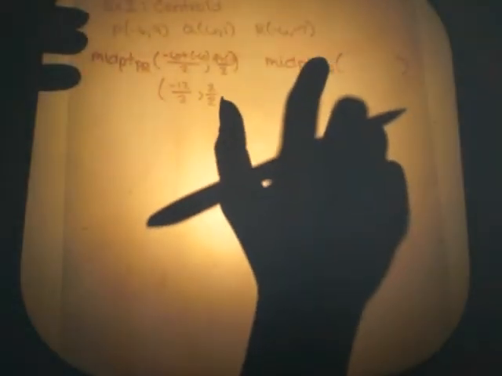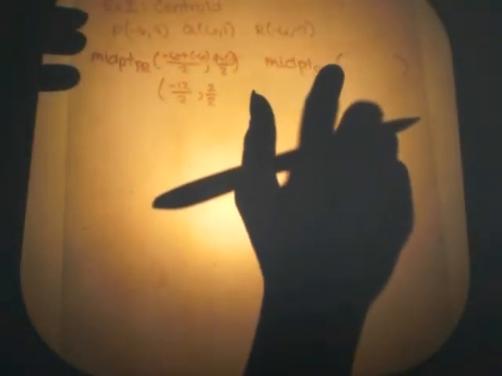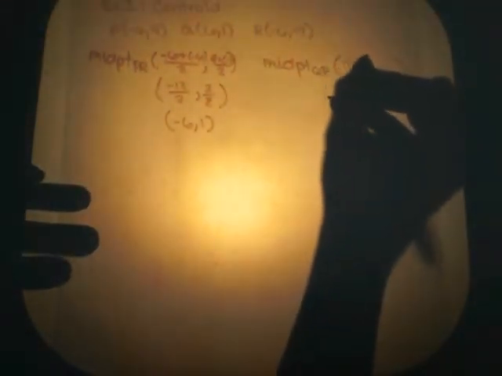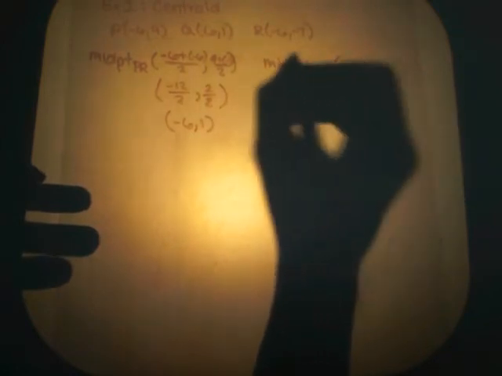I'm sorry, I said PR or Q or P. Let's do QP. That was the one I said I was going to do. Okay, so then when we reduce this, this will be -6 and 1. And then QP will be -6 plus 6 over 2 and 9 plus 1 over 2, which gives me a result of 0, 5. Okay, so these are my midpoints.